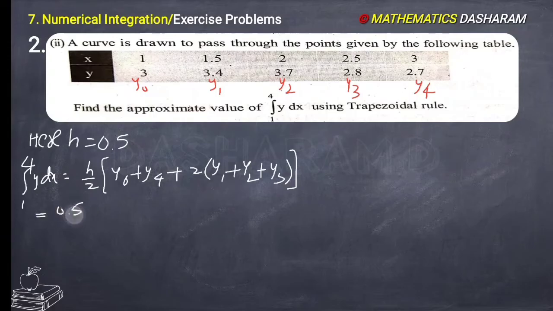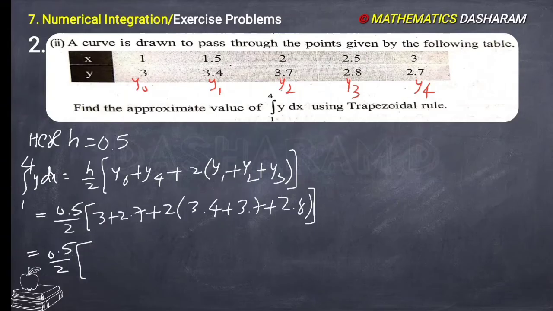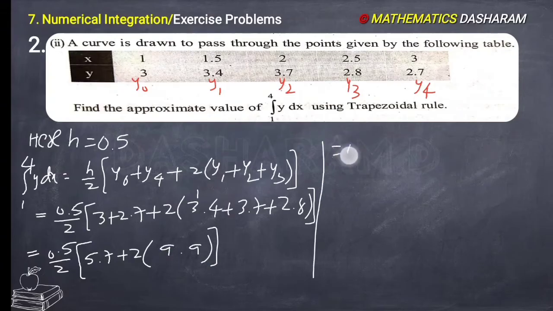H value 0.5 by 2 bracket of 3 plus 2.7 is 5.7, plus 2 into 4 plus 7, 11, 11 plus 8, 19, 4 plus 3, 7, 7 plus 2, 9. So 9.9.